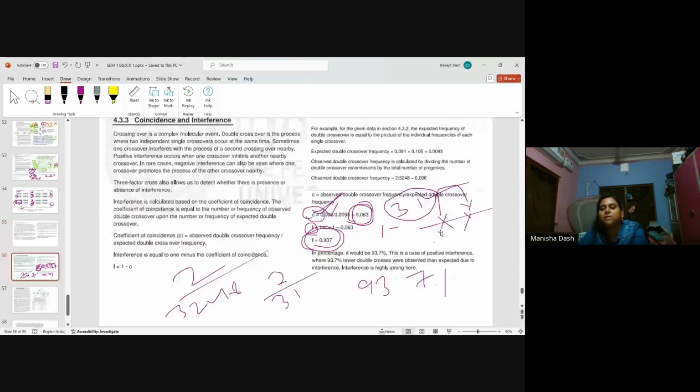So if the interference is more, as you can see in this case, there is 93 or 94% interference. That means 94% of the time the first crossover is not allowing the second crossover to happen. So if the second crossover does not happen, then you will not have any double crossover. So that is why, where you are expecting there should be 31 double crossover progeny, the actual number is very, very low, that is only 2.